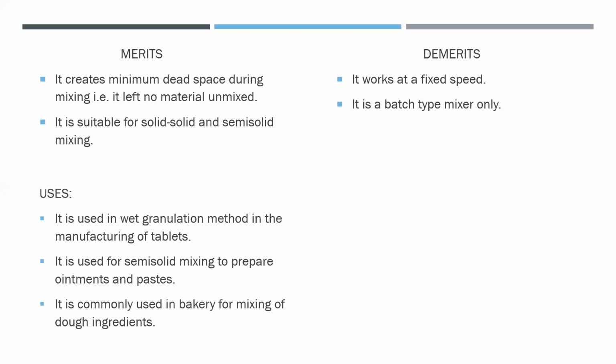Next point, merits of this sigma blade mixer. First merit, it creates minimum dead space during mixing, that is, no material is left unmixed. डेड स्पेस मीन्स जिथे प्रॉपर मिक्सिंग होत नाही, तिथे it creates minimum dead space during the operation in the sigma blade mixer.